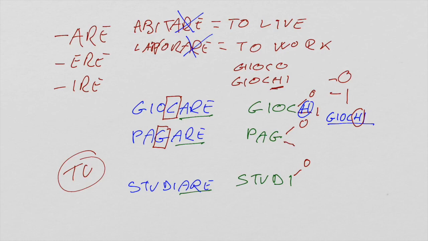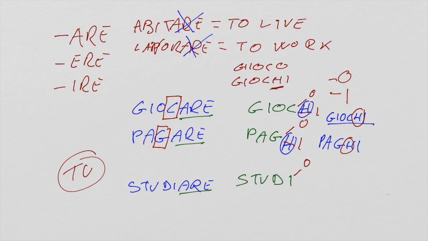If I simply add an I, it will be pagi, but the hard G sound is necessary, so the only way to make that G hard is adding an H in between the G and I. So it will be tu paghi.